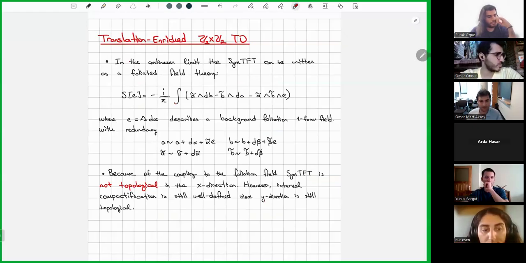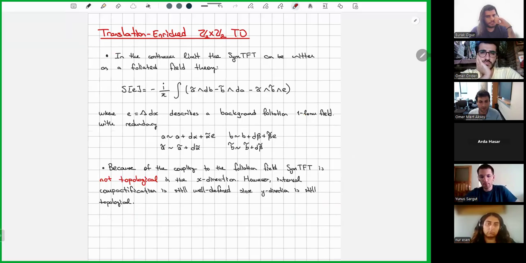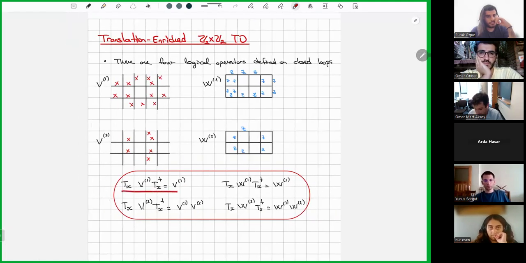Okay, this is a side remark. One thing is that you can also go to continuum limits and write down a field theory for this SymTFT. And it turns out that it's not a topological field theory, precisely because of this action of the translation.